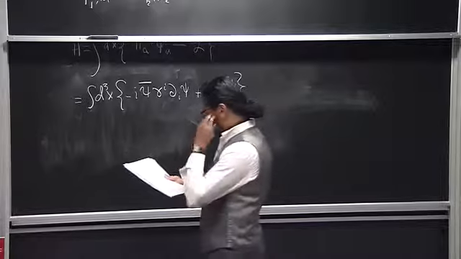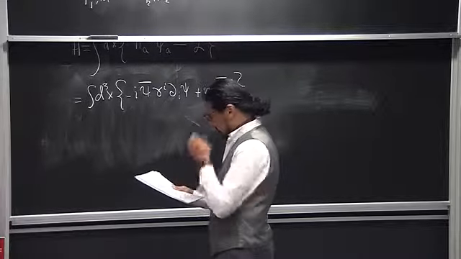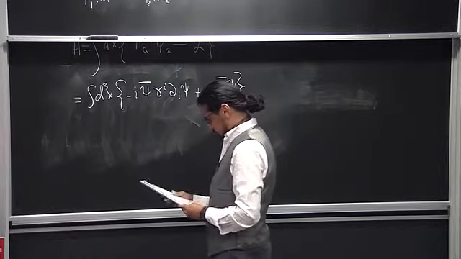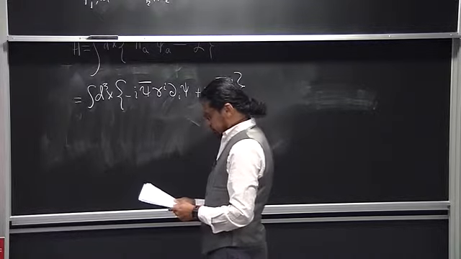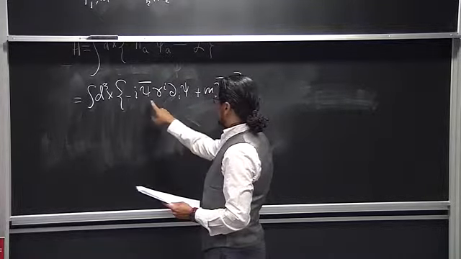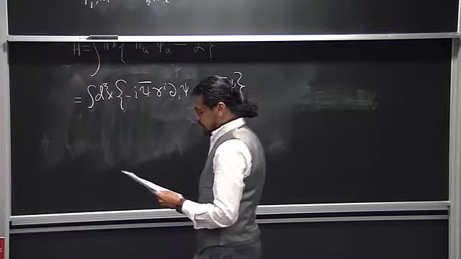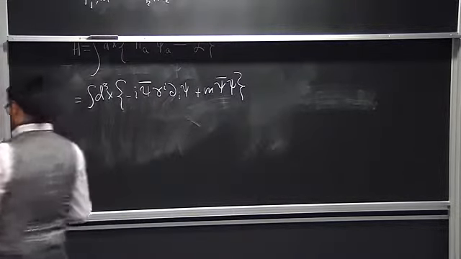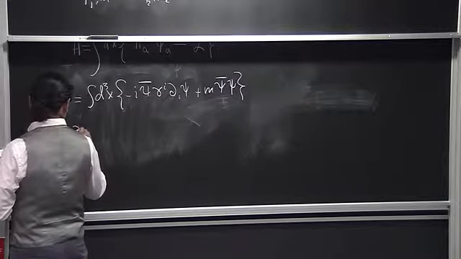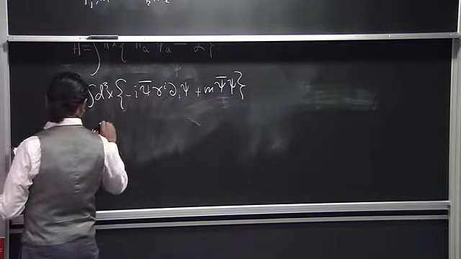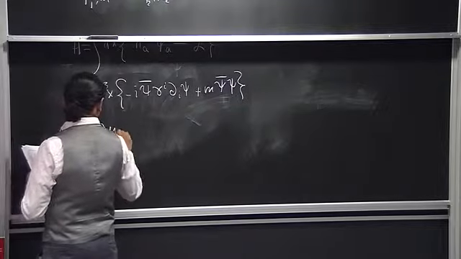Now, right. So now you can expand psi and psi bar, and you can use the Dirac equation for each of the individual spinor components.